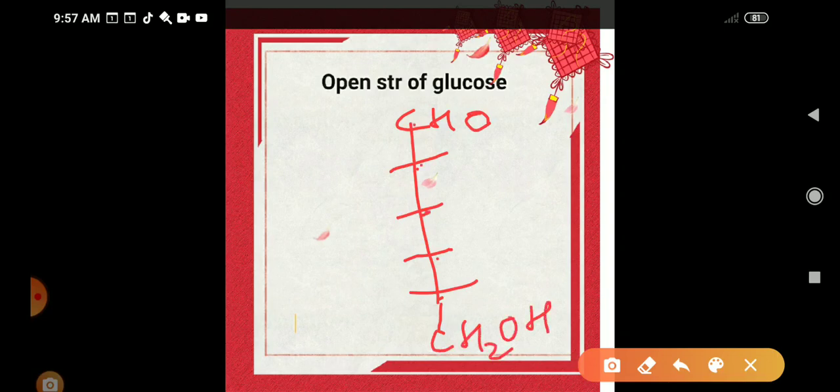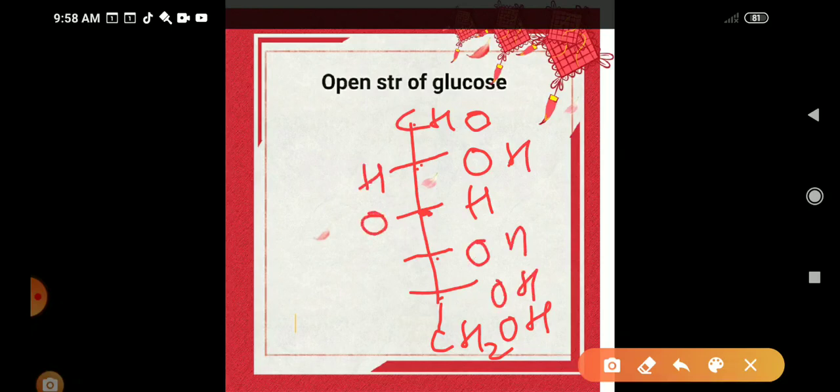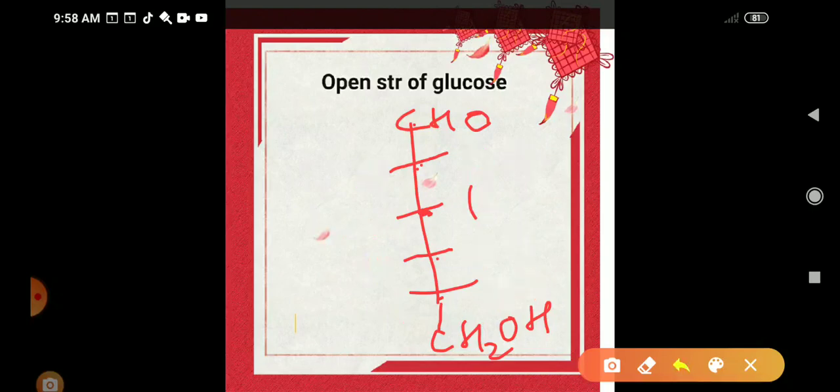On the third carbon, H is on this position and the rest of them are OH. And on the opposite side, if OH is on the right side, H will be here, OH will be here, H here, H here. So this is the open chain structure of glucose.